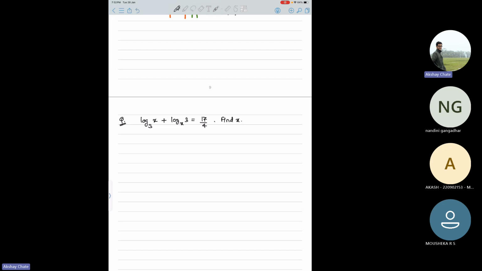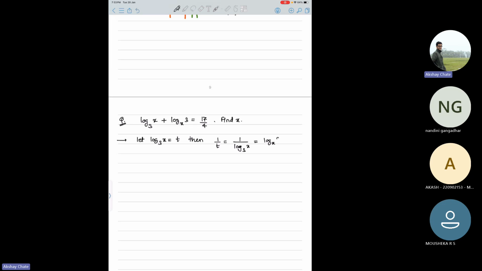It is swapping the bases. Let's say this first term, log base 3 of x, is t. Then I can write 1 by t, which is nothing but 1 by log base 3 of x, and you can reverse these things.